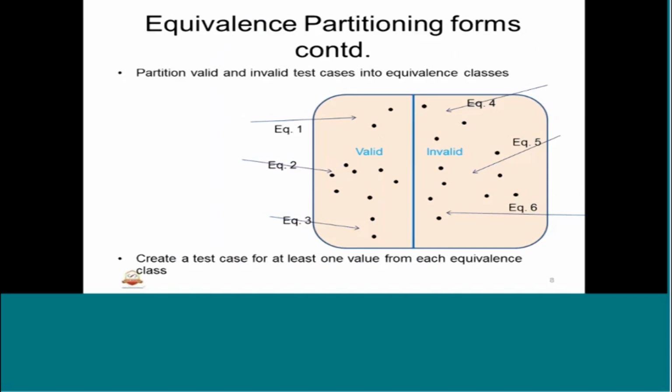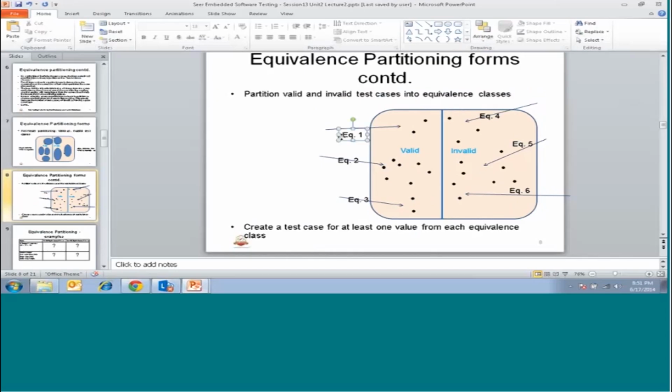Okay, this is a bit more detailed view of the same diagram we have seen in the previous slide. Here we name each of them with numbers like equivalence 1, equivalence 2, equivalence 3, etc. Further, maybe you can change it to something like equivalence valid 1, equivalence valid 2, equivalence valid 3.